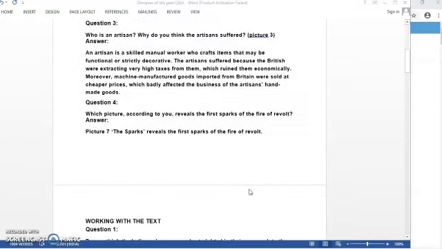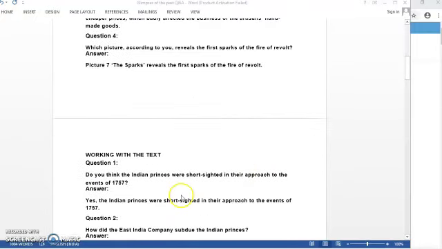Now, working with the text. Question 1. Do you think Indian princes were short-sighted in their approach to the events of 1757? The answer is yes. The Indian princes were short-sighted in their approach to the events of 1757. Why?